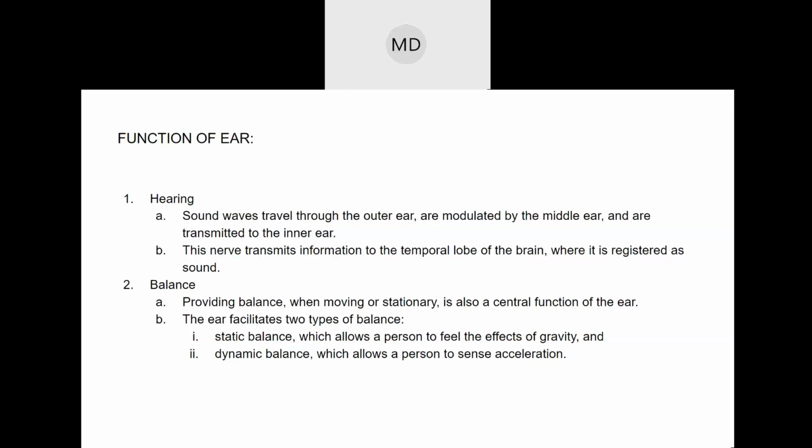And dynamic balance is whenever you are in a moving object. Suppose you are in a bus. Just imagine you are sitting in a car or a bus. It's moving fast. Then suddenly it stops. So what will happen? You'll move forward, then you'll go back.